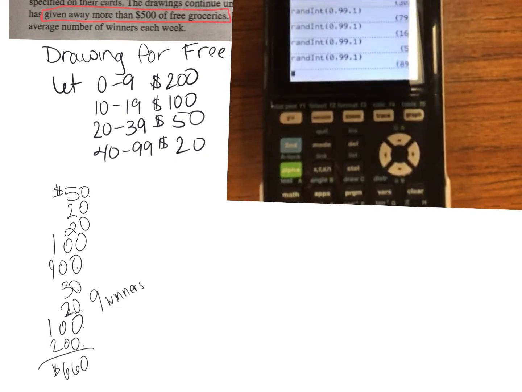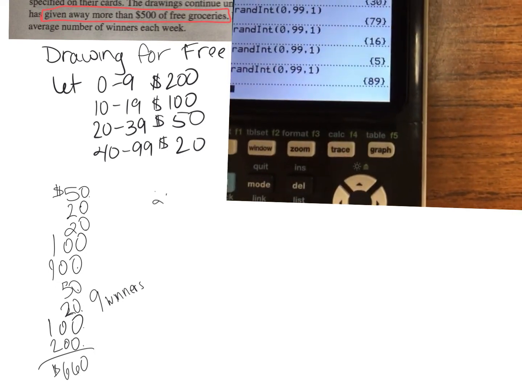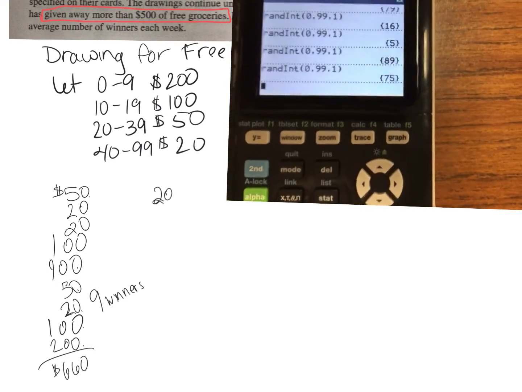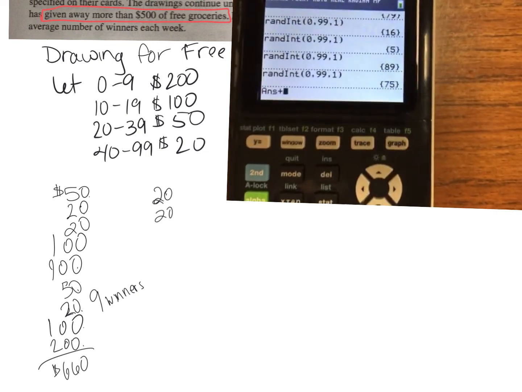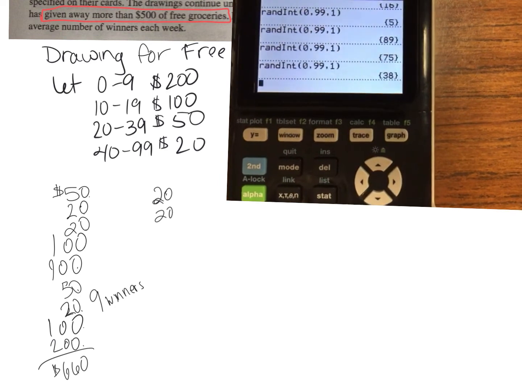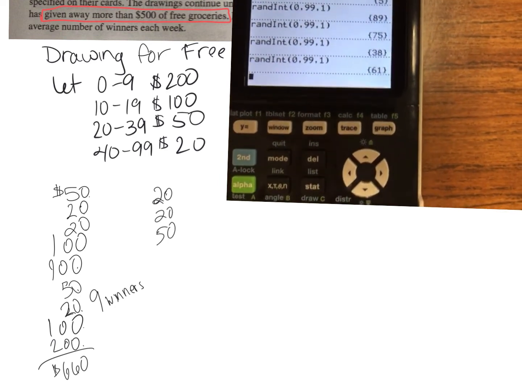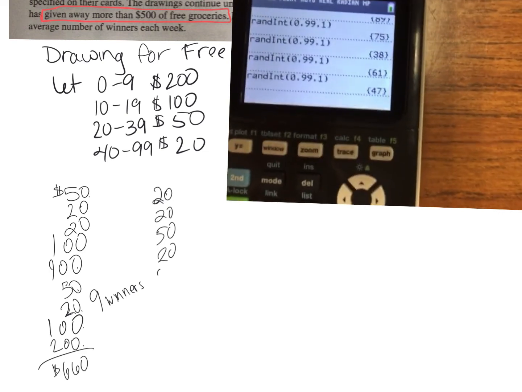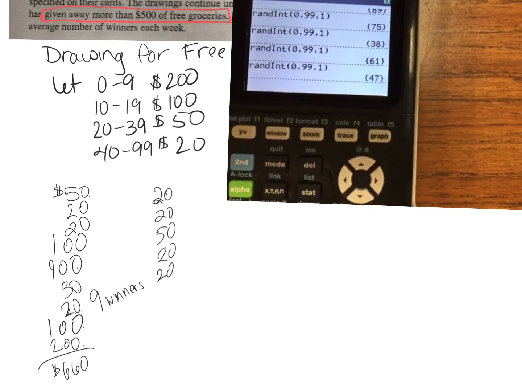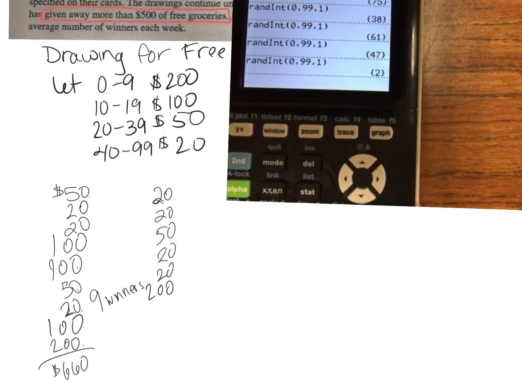Okay, so our first number is 89, that's $20. 75, $20. Oops. 38, $50. So again at 90, 61, 20, 110, 47, 20, 130, 2, 200. 0 to 9 is 200.